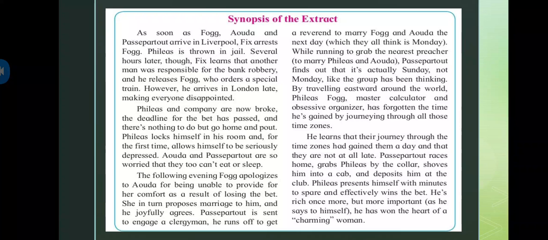And by traveling eastward around the world, Phileas Fogg, master calculator and obsessive organizer, has forgotten the time he has gained by journeying through all these time zones. So now what he realized is that while traveling eastward around the world, Phileas Fogg, even the master calculator, forgot the day and the date.